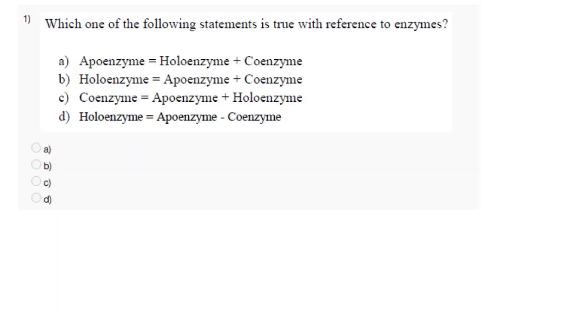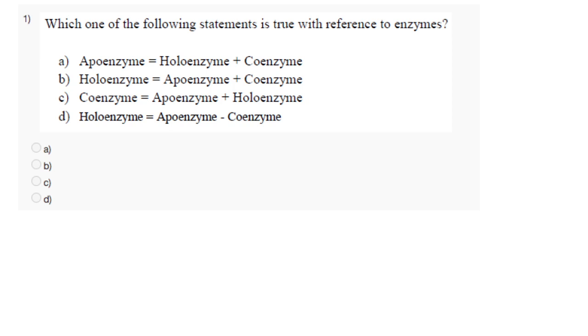The first question is: which one of the following statements is true with reference to enzyme? Apoenzyme equals holoenzyme plus coenzyme. Holoenzyme equals apoenzyme plus coenzyme. Coenzyme equals apoenzyme plus holoenzyme. Holoenzyme equals apoenzyme minus coenzyme.